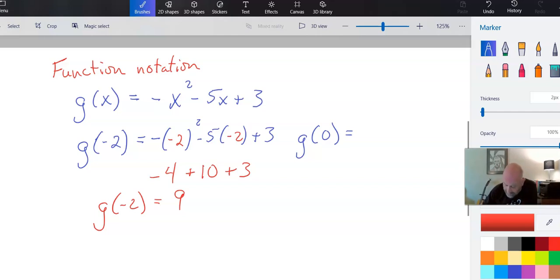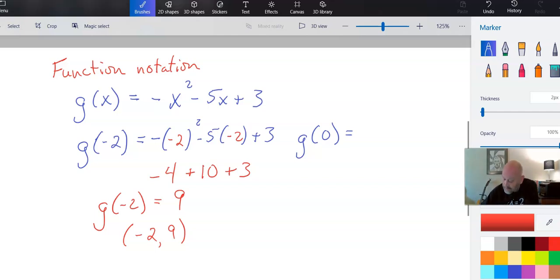But again, that means that my x value is negative 2 and my y value is 9, which means that this is associated with a point, the point negative 2, 9, right? Which means it can be graphed. And that's actually where we're going to be going next, is how to get a hold of graphs of these things, just by plugging in some values and seeing where the points fall.